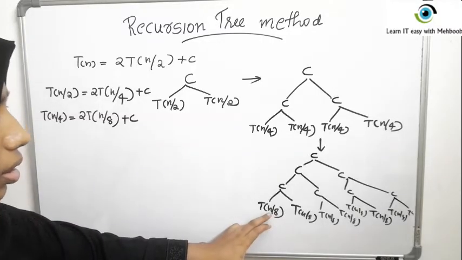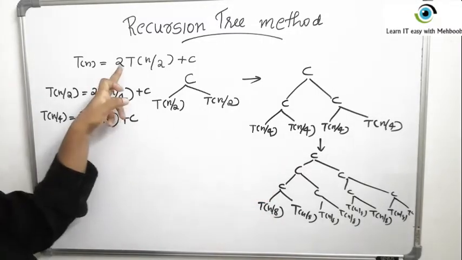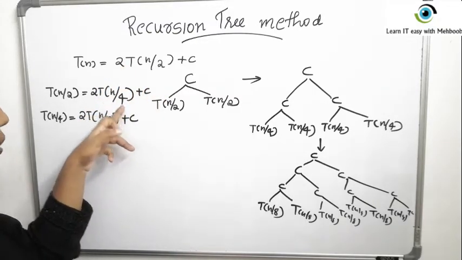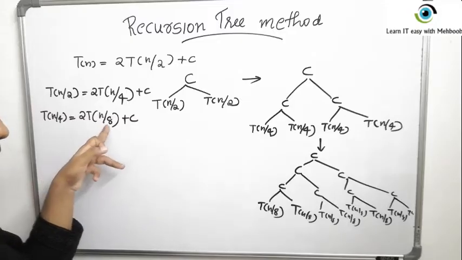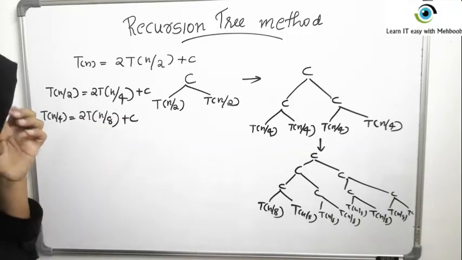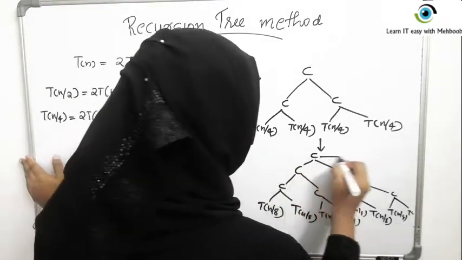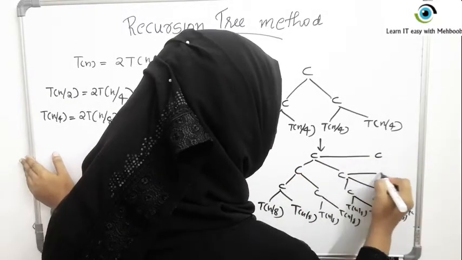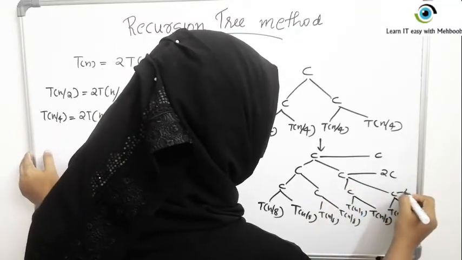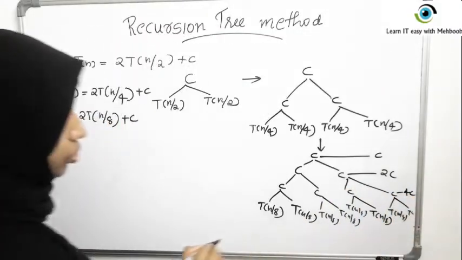You know that initially it was T(n/2), then it became T(n/4), now it became T(n/8), and it goes on like that, isn't it? That is, at this level it is simply c, here it is 2c, the cost is 2c's, here the cost is 4c, and it goes on like that.